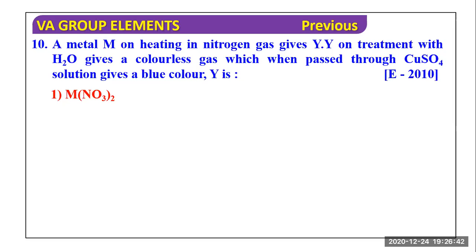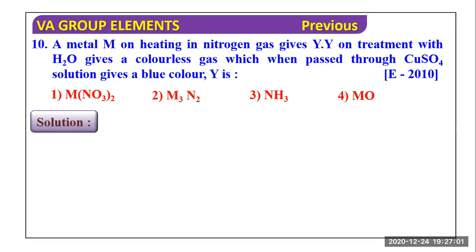So it is M(NO3)2, or it is M3N2, or it is ammonia, or it is MO. So which one is the correct?